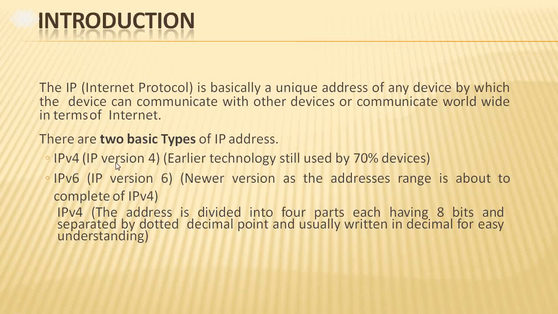IP version 4 is the earlier technology that is used by 70% of devices, and it is divided into 4 parts of 8 bits each, separated by dots, or dotted decimal, and written in decimal for easy understanding. IP version 6 is a newer version whose address range is meant to complement IP version 4.